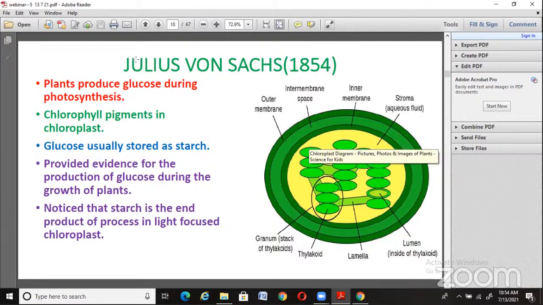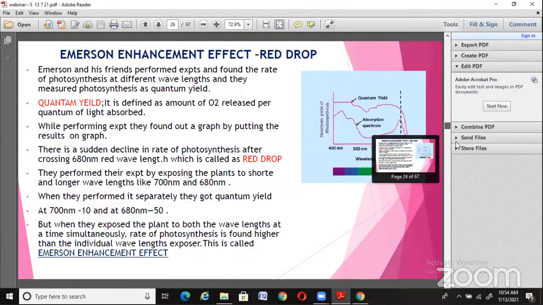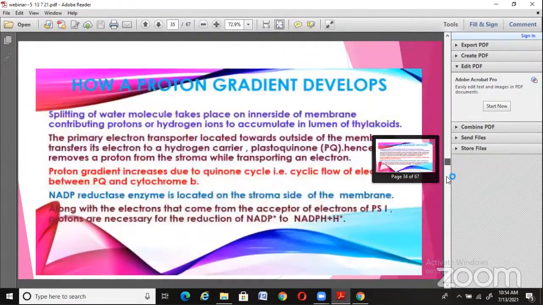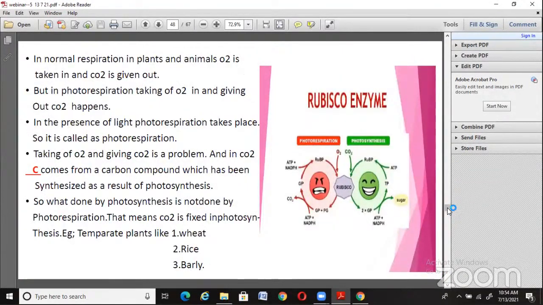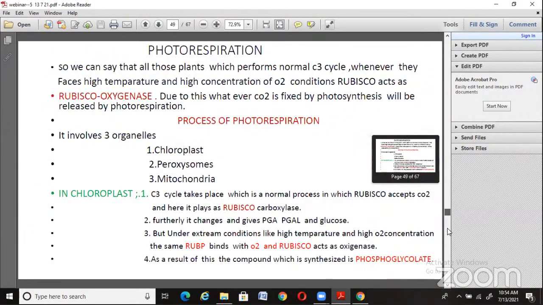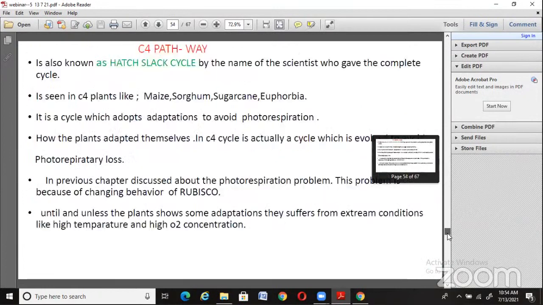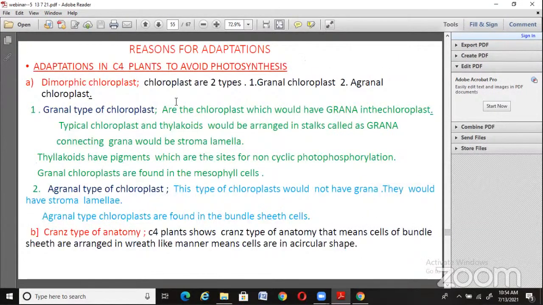Now come to this point: the grana type of chloroplast.